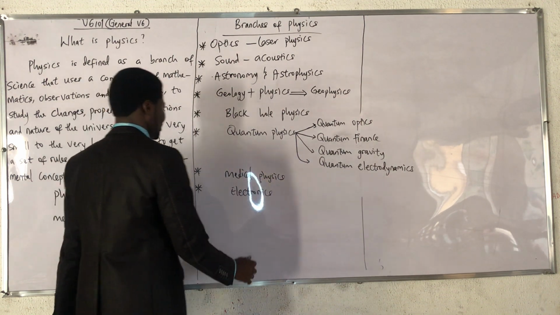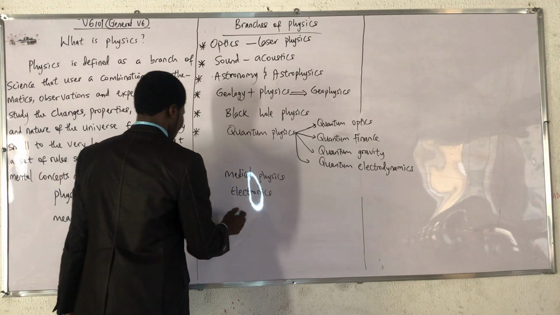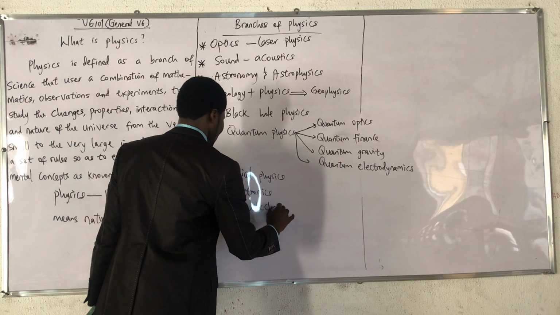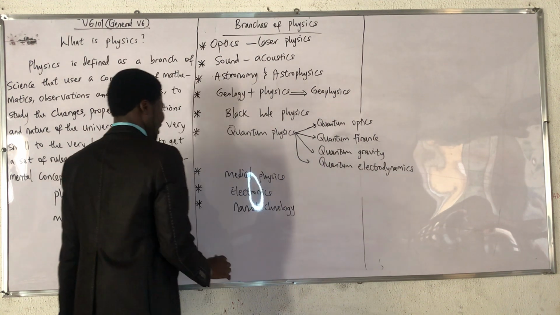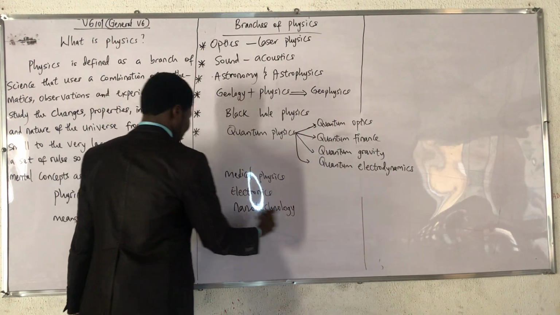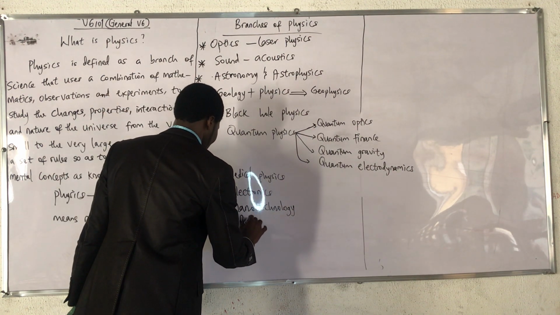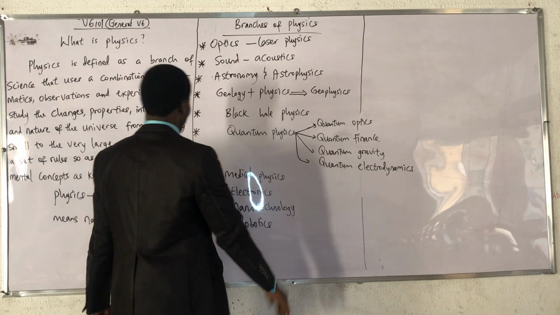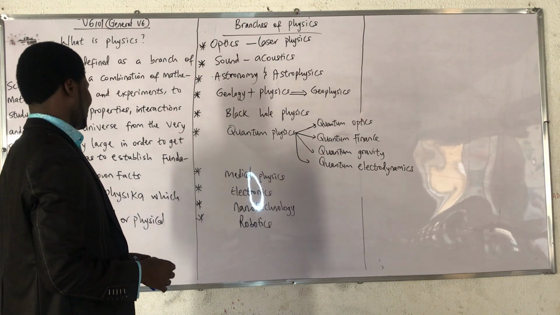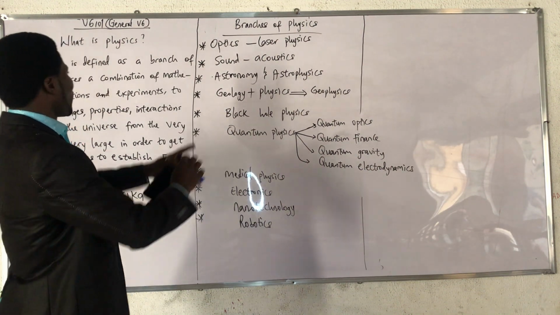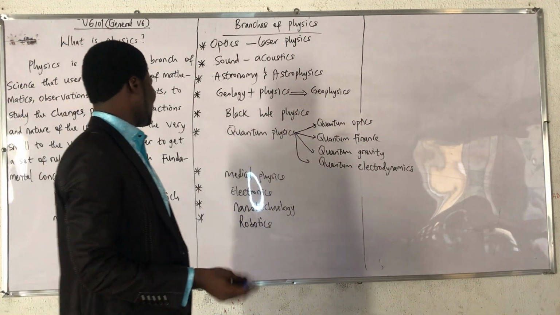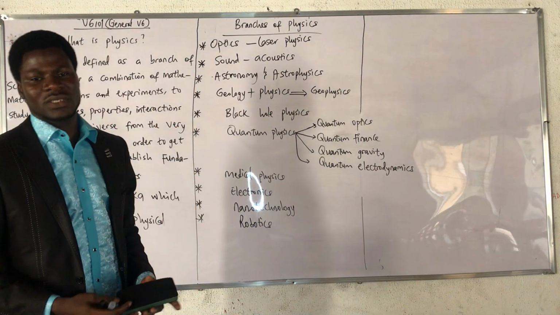We have nanotechnology. We have, what is it called? Even robotics. So many. Robotics, medical physics, electronics, and so on and so forth.